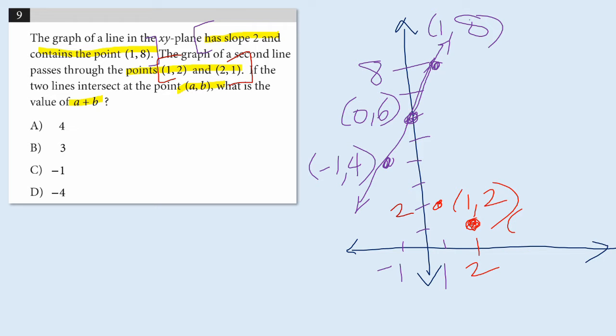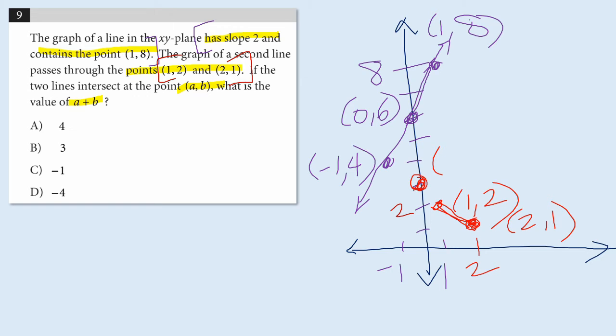So let's connect those. And I see that it has a slope of -1, right? It goes down from (1, 2) to (2, 1). So what is its y-intercept going to be? It's going down 1 unit for every unit that goes over to the right. So it's going to have a y-intercept of (0, 3).